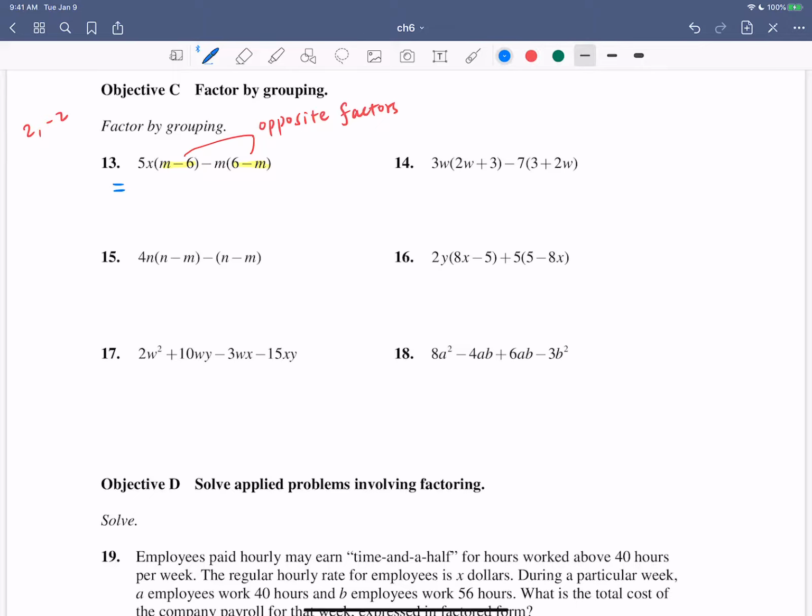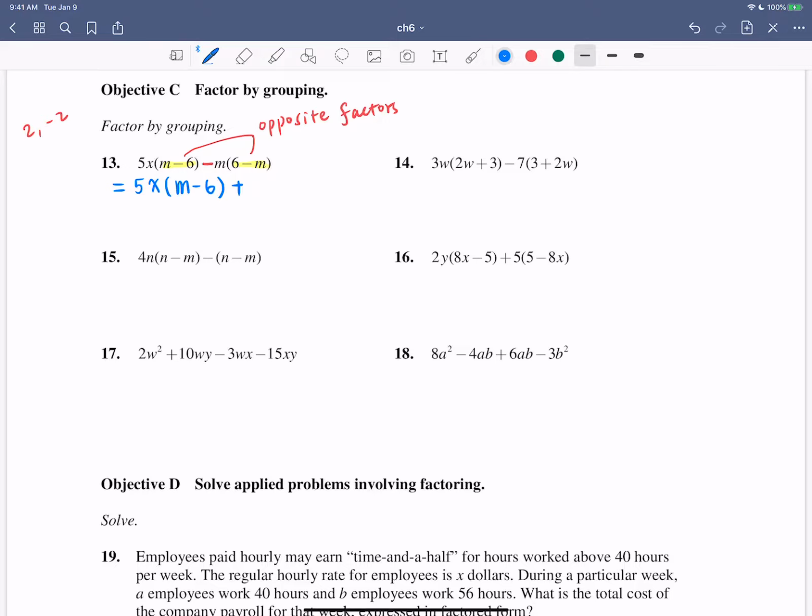So what I'm going to do is I'm going to keep the first term, write as m minus 6. I'm not going to change it. But for the second term in the original expression, I'm going to factor out a negative 1. So notice that I already have a negative sign right here. If I factor out negative 1, negative and negative becomes positive. So it's going to become positive in the middle.